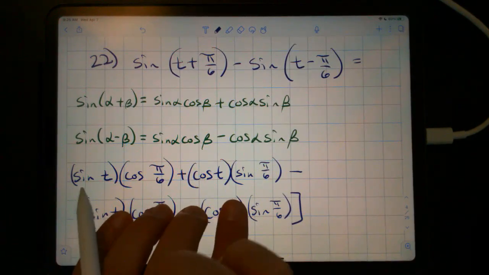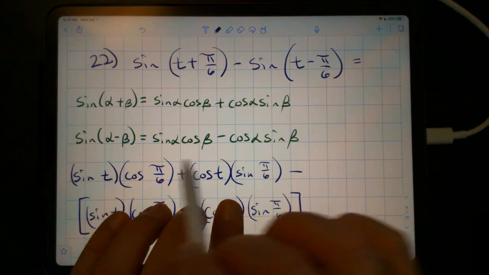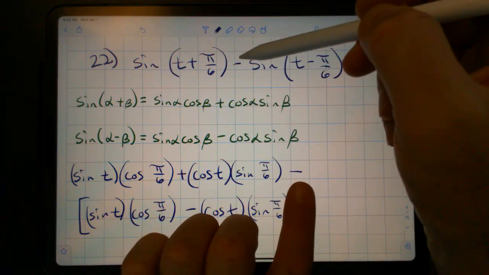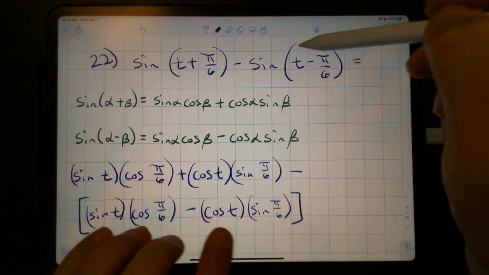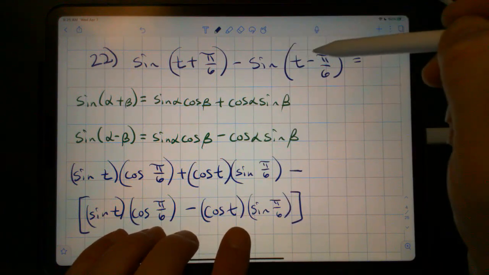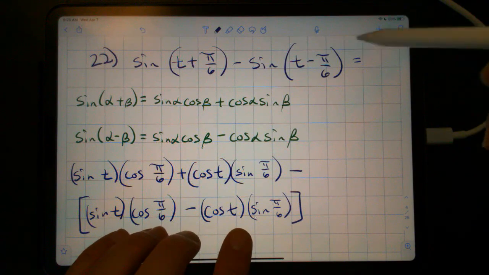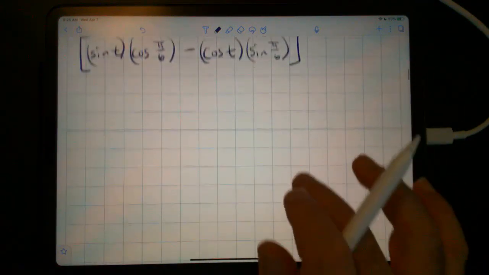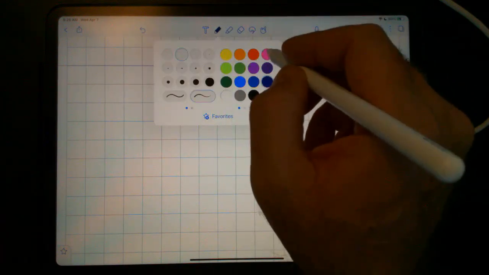So all of this part here is sine of t plus pi over 6. And then minus, this is all of the second one, sine of t minus pi over 6. Pi over 6 is a familiar angle. That's our 30, 60, 90 triangle.